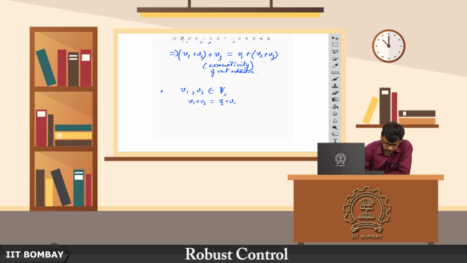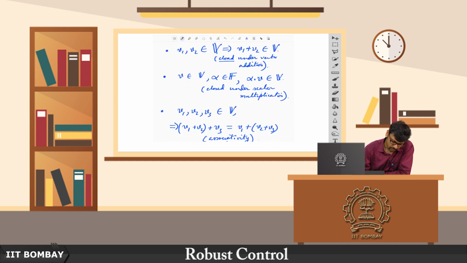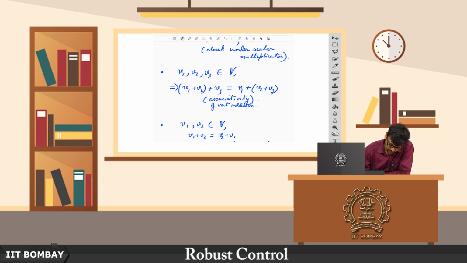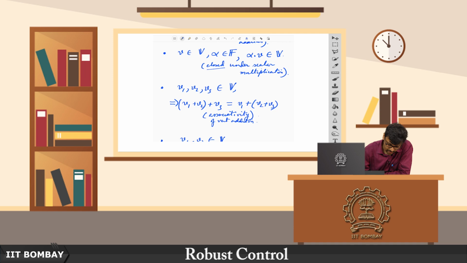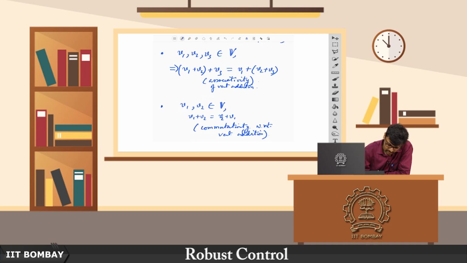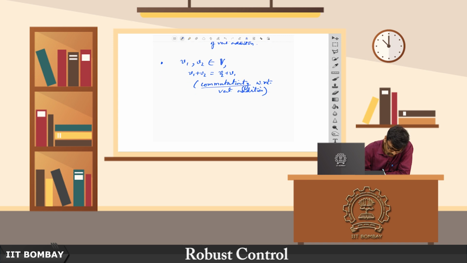This is again the property that we call commutativity with respect to vector addition, all right. So, what have we here? We have closure under vector addition, closure under scalar multiplication, associativity of vector addition, and commutativity of vector addition.